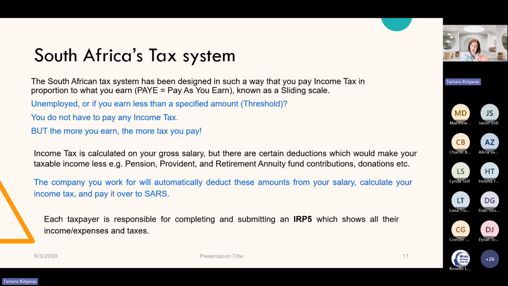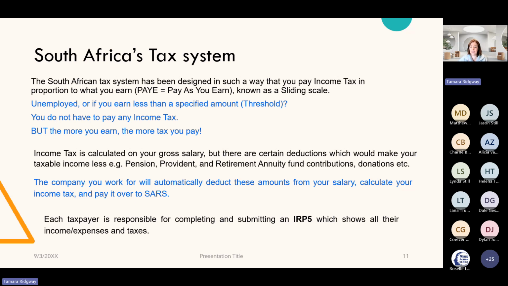The information on this slide will be elaborated on in the slides that follow. If you are unemployed, or if you earn less than a specified amount called the threshold, you do not have to pay any income tax, but the more you earn, the more you pay.